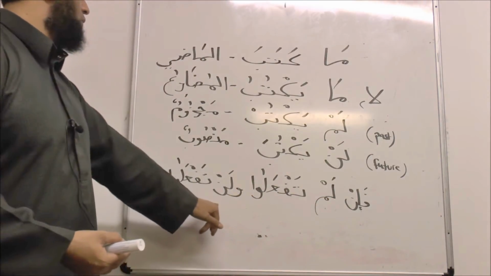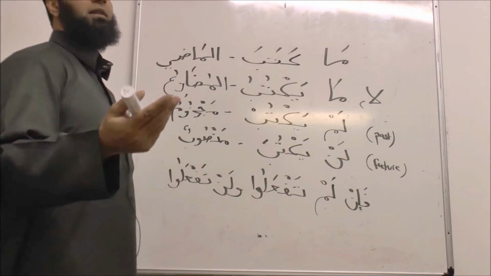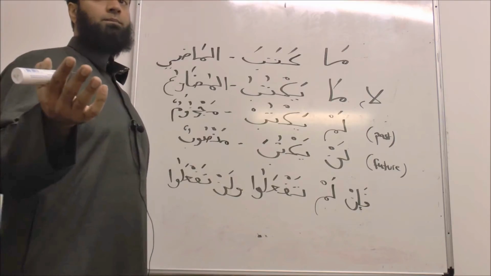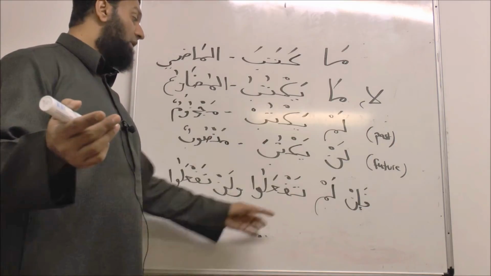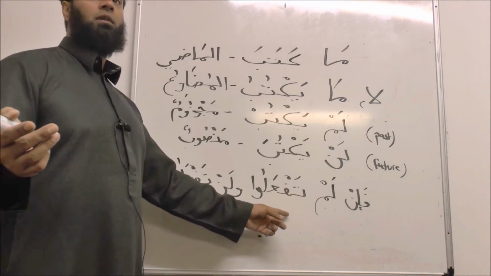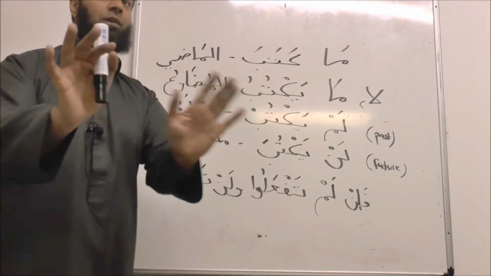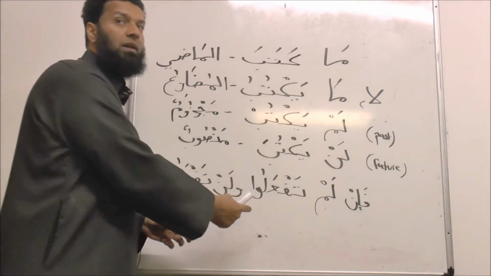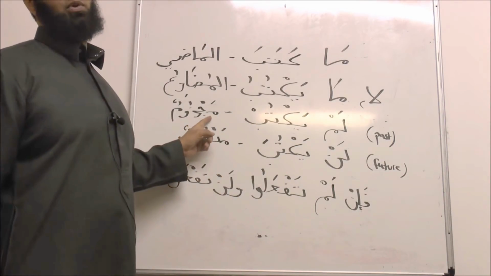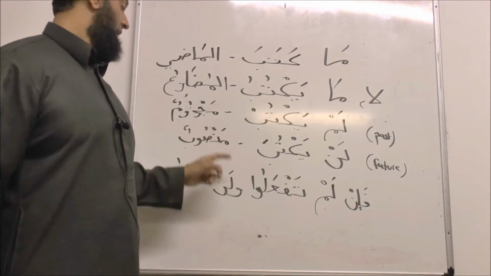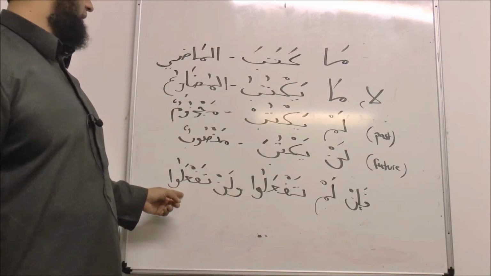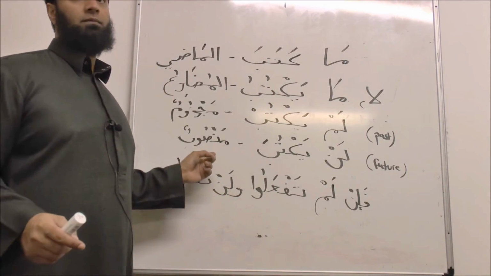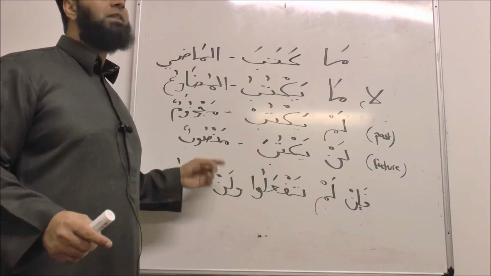Lam taf'alu wa lan taf'alu: you did not do, and you will not do. Now, that's the point. Taf'alu is majzum, and taf'alu here is mansub. But they look the same, don't they?